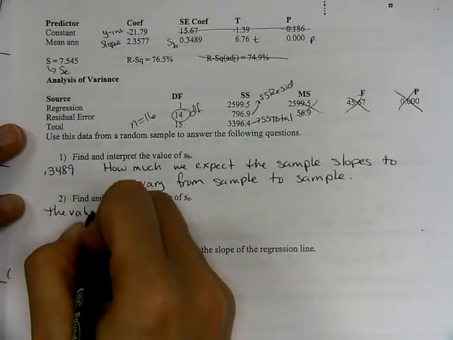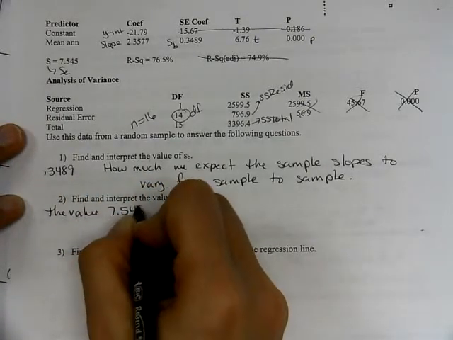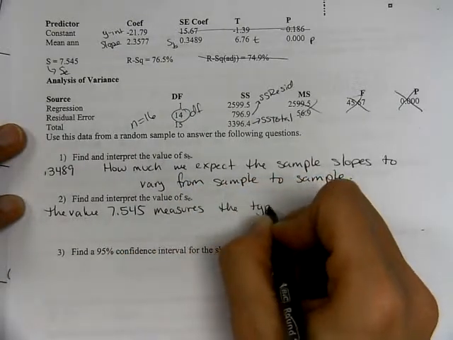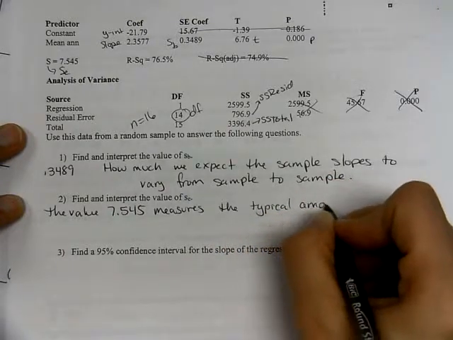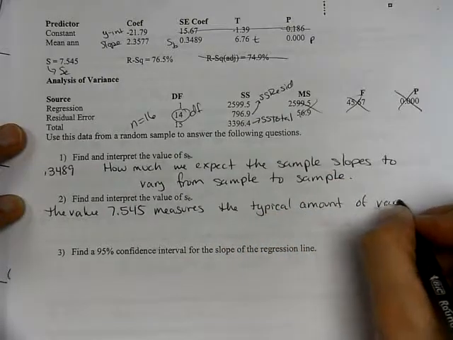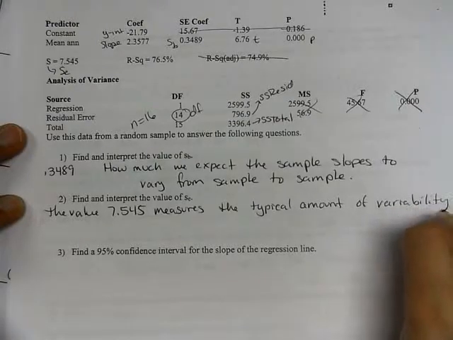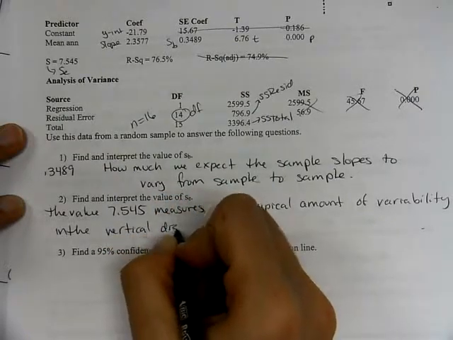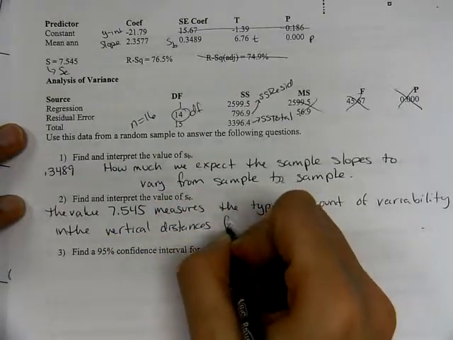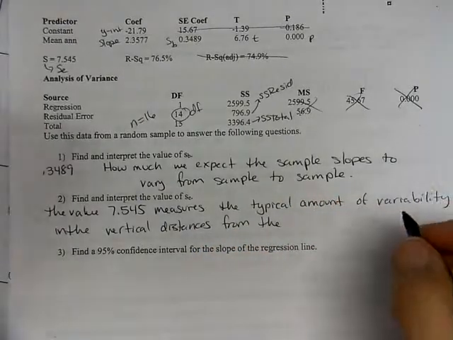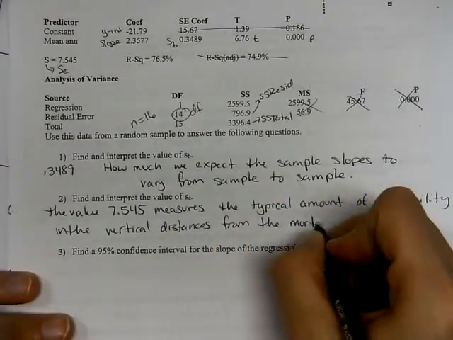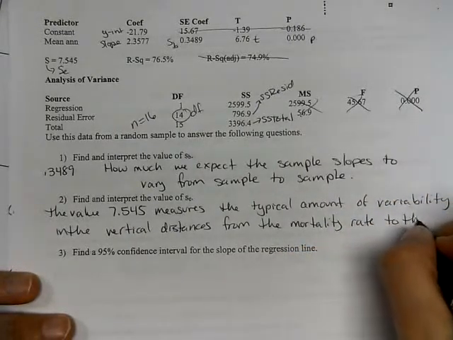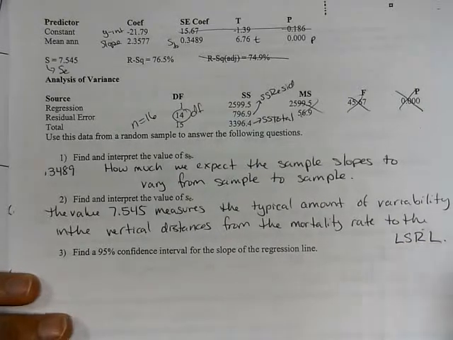So the value 7.545 measures the typical amount of variability in the vertical distances from the mortality rate to the least squares regression line.